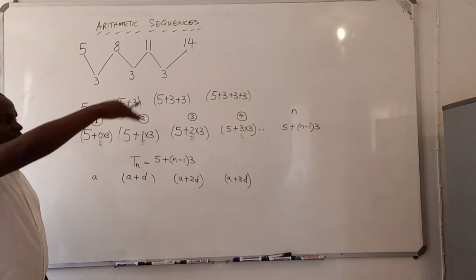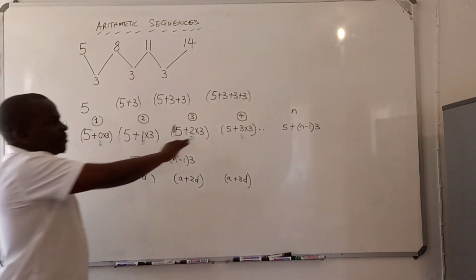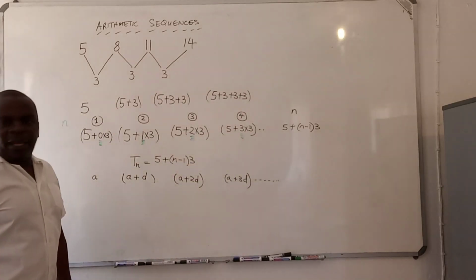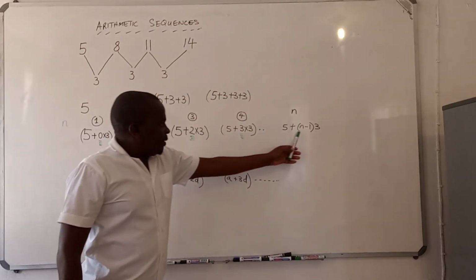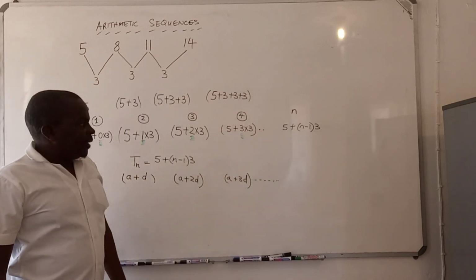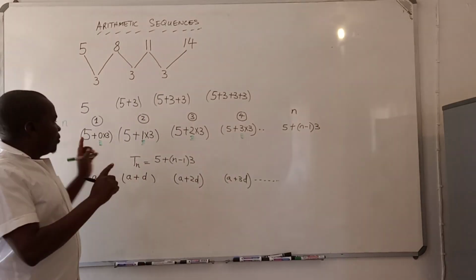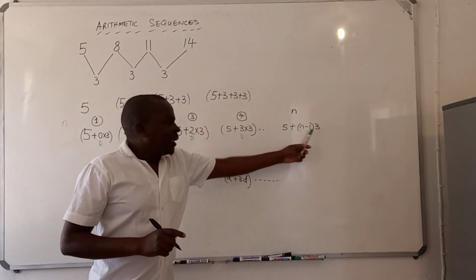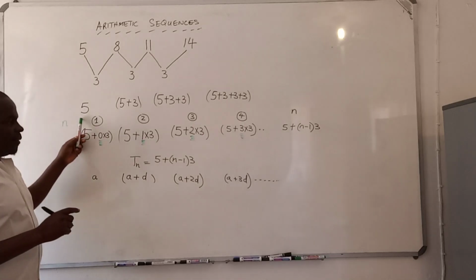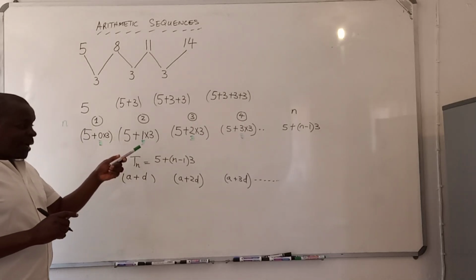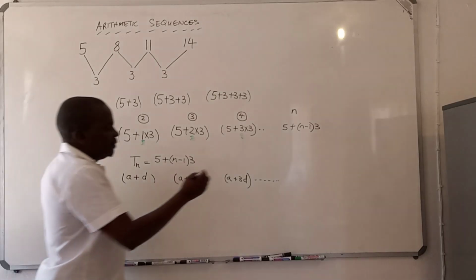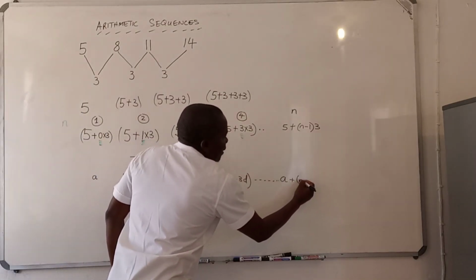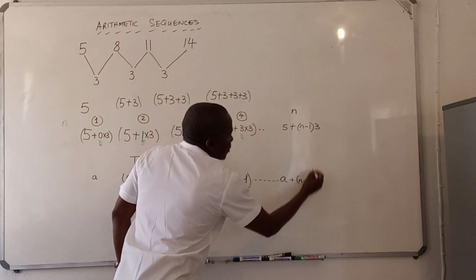Now let us move on to the nth term. There is a term somewhere in the sequence, we don't know its position, we will just call it position n. From this general expression here, there are two numbers which are still appearing, 5 and 3. This 5 here is our first term, so we're going to replace it by A. So this is equal to A plus n minus 1 multiplied by 3.